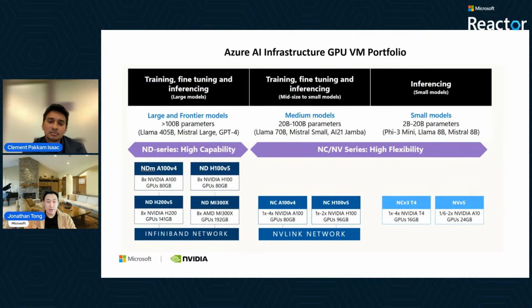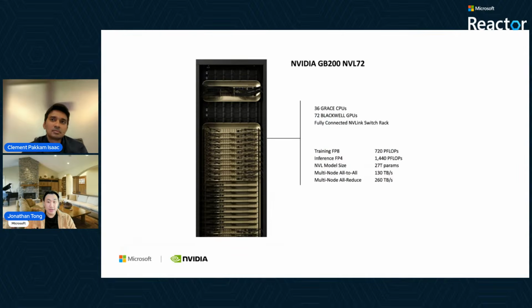There's small nodes, which you can use to run test models for development. There's medium size models and large models like the 8x800 or H200 or GB200 nodes. I also want to call out the GB200, which is a new offering on Azure.